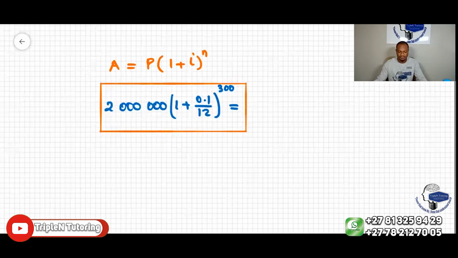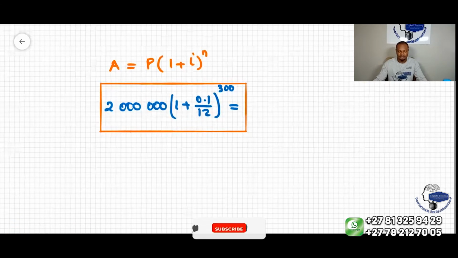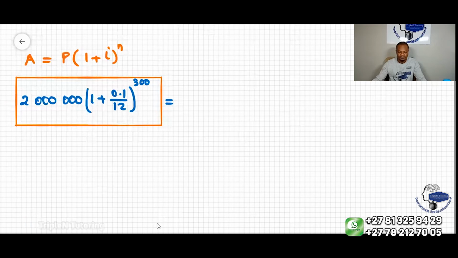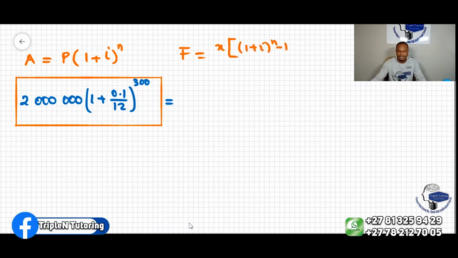So all this is the amount. This must be equal to the future value formula, which is X, open square bracket, 1 plus i to the power of n, minus 1, all over i. So now we substitute in there.